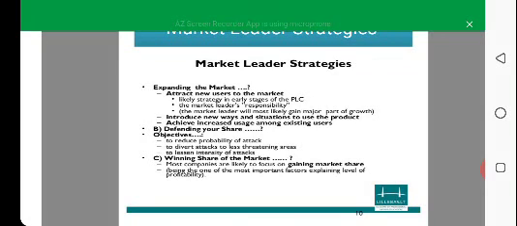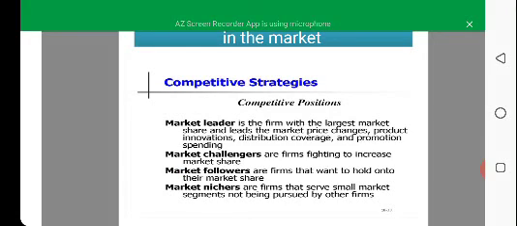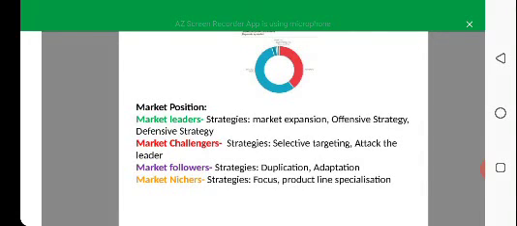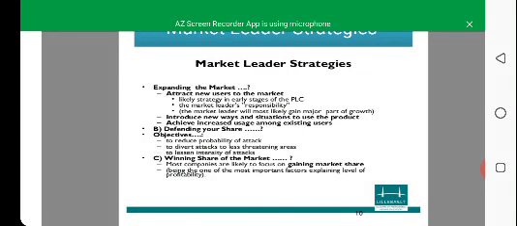The first strategy, as we discussed, is that the market leader uses expansion, offense and defense strategies. In market expansion, in the early stage of the product life cycle, the market leader will gain the major part of the growth when they enter a new market.